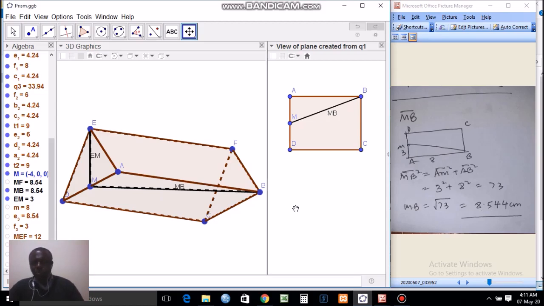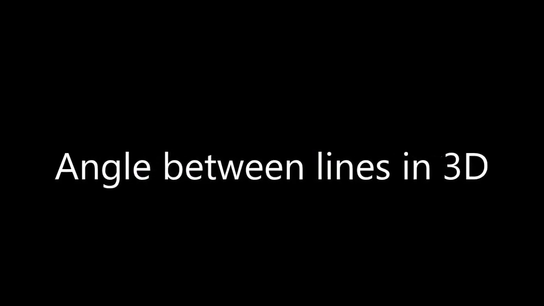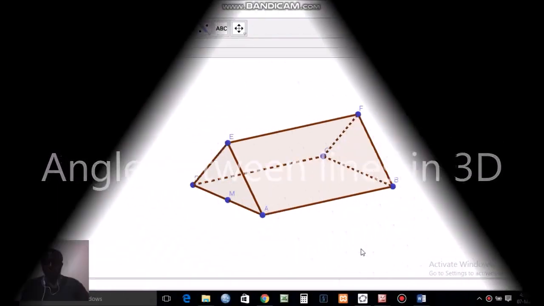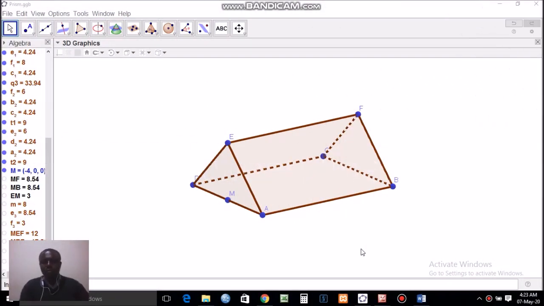So I hope you've jogged your memory on how to calculate the lengths of lines in 3D. We will use this knowledge when it comes to calculation of angles between two lines in a three-dimensional object. Now, let us move a notch higher.